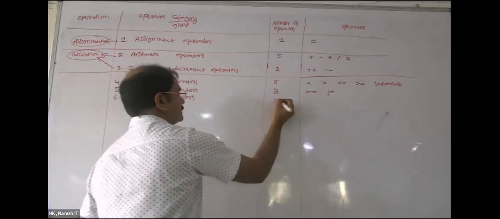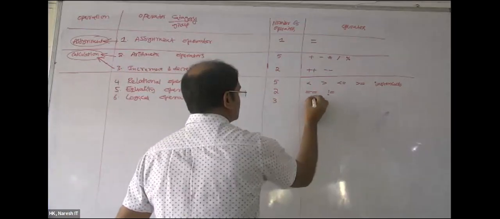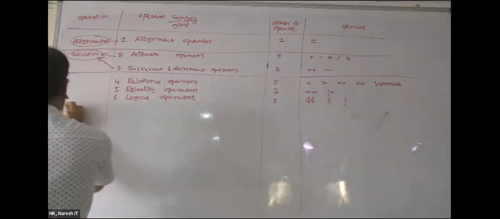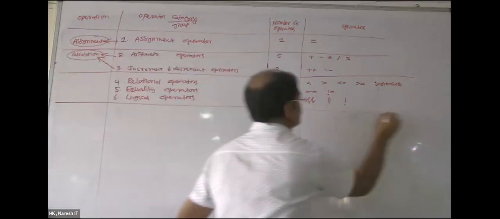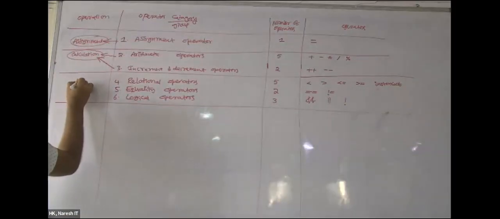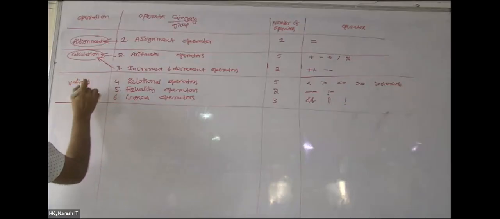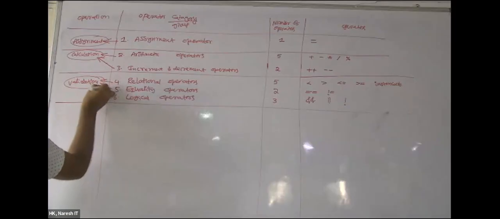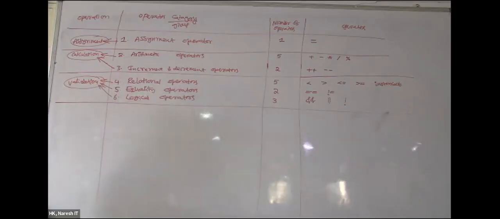Logical operators, 3: double and, double or, and not. Now write down the row line. These 3 are one group of operators. All 3 are performing validations.